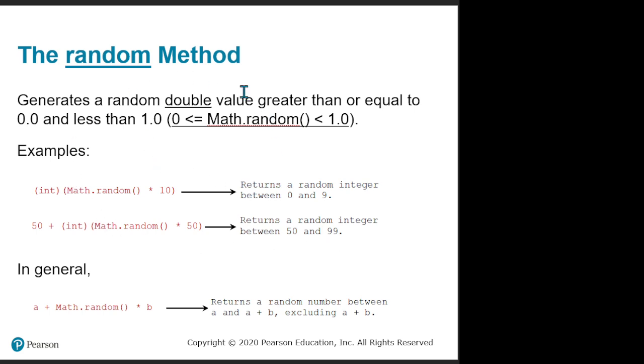So we have this ability, this thing that generates a decimal, to have it generate different integer types. And so we can give it a range. We can generate a random number between A and A plus B, but it won't include A plus B. And we do that by adding A to the output of math.random times B. And so this is what I want to play with here.